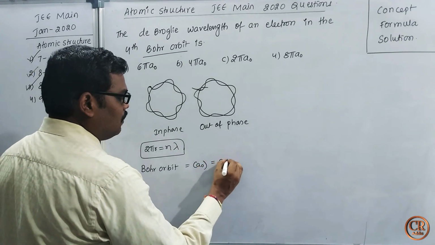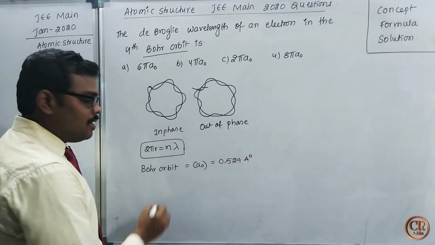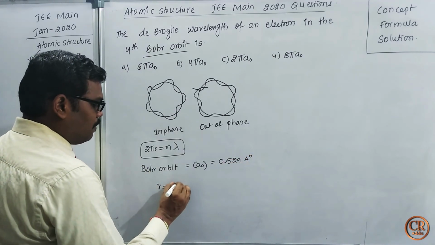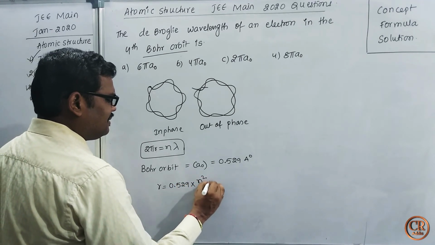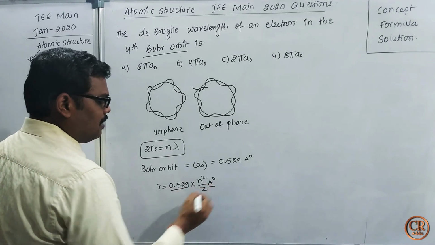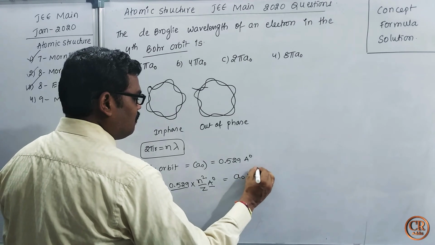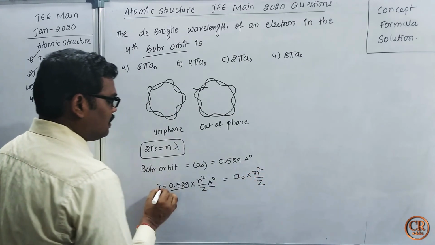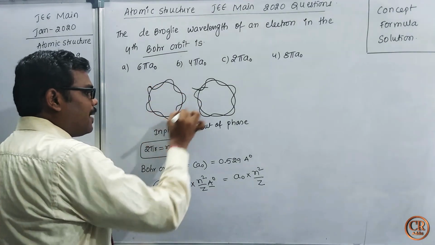A0 value, you know, is 0.529 angstroms. Radius formula is 0.529 into n square by Z angstroms. So 0.529 angstrom is equal to A0. So this is equal to A0 into n square by Z. This is the radius. Now your circumference is 2 pi r.